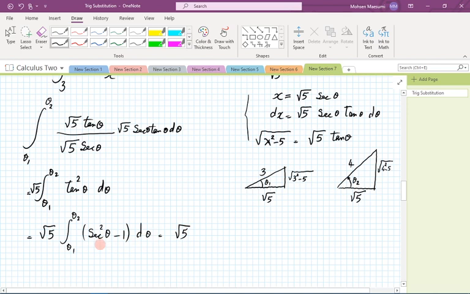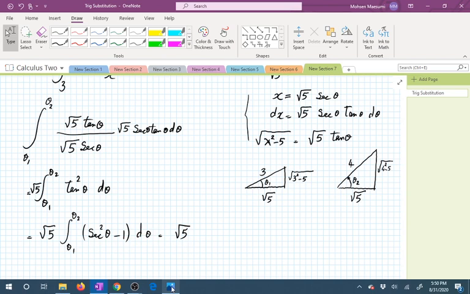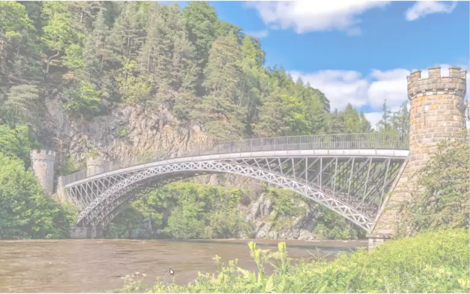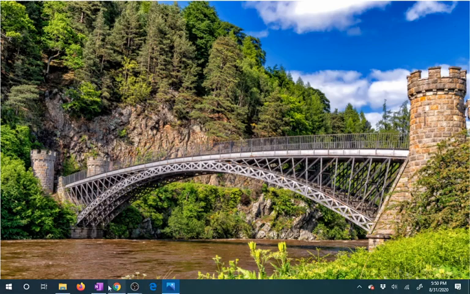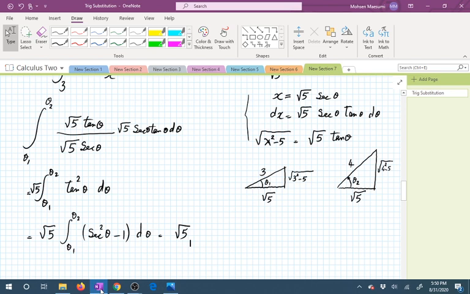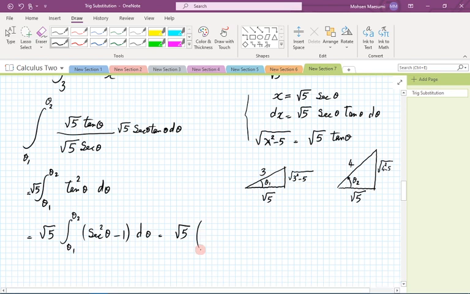You have to be very quick with these things. Have that table in front of you, go back and forth until everything becomes second nature. So this is tangent of theta. And then the antiderivative of 1, well, that's the easiest thing in the world, theta.